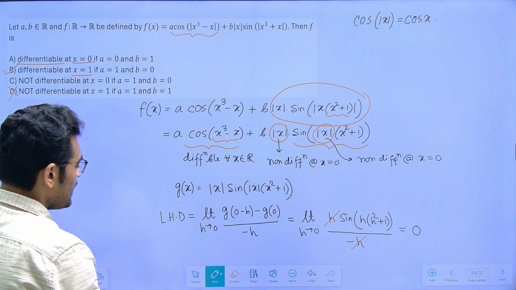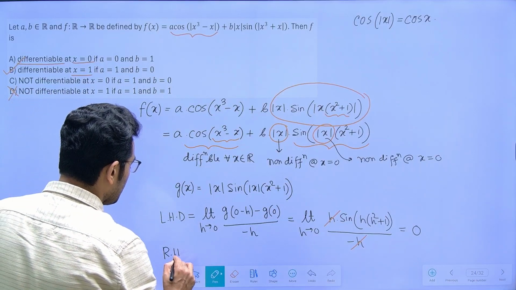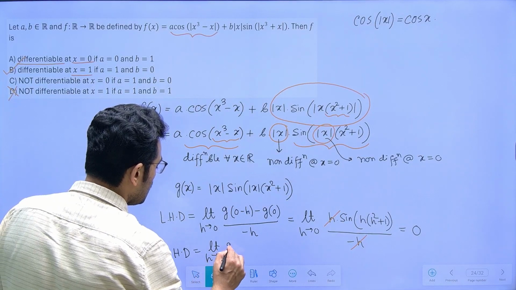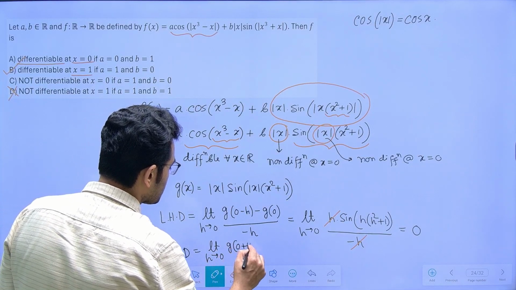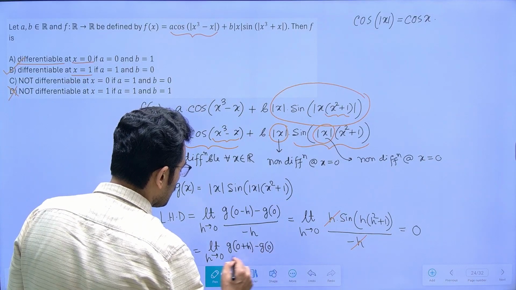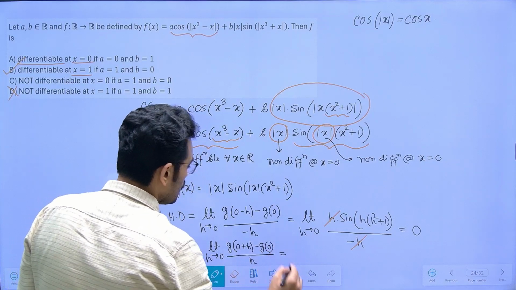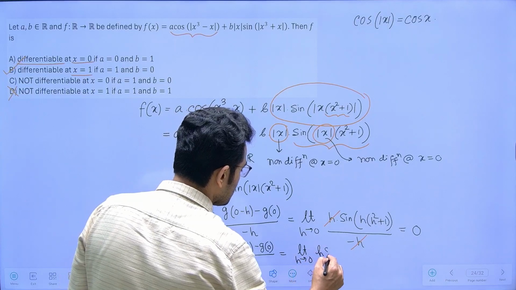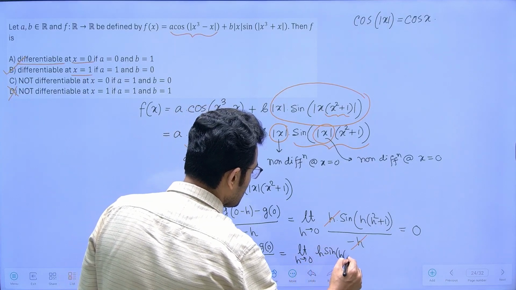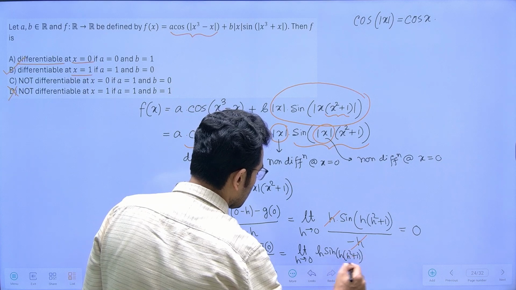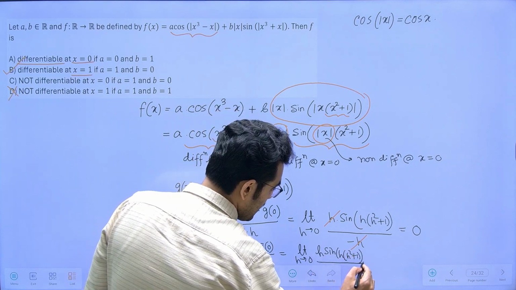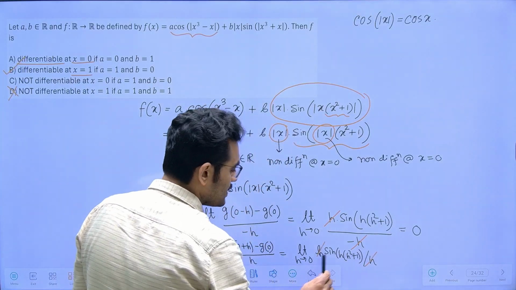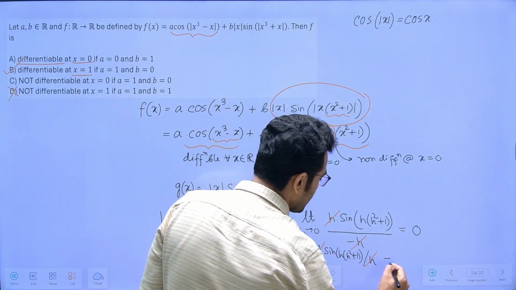And what about the RHD at x = 0? It will be the limit as h tends to 0 of (g(0 + h) − g(0))/h, which equals the limit of h sin(h(h² + 1))/h. Again this h cancels and the sine factor tends to 0.